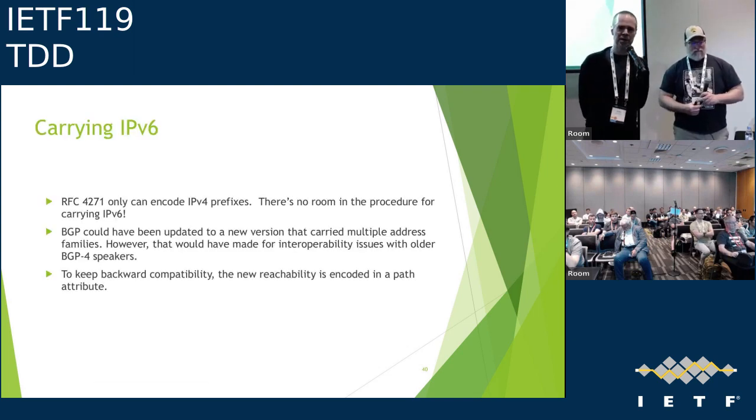Okay, well, IPv6 was obviously the first big test of BGP's extensibility. If BGP hadn't been extensible enough to carry V6, we'd have BGP 5 now or something else, but it turned out that it was extensible enough.